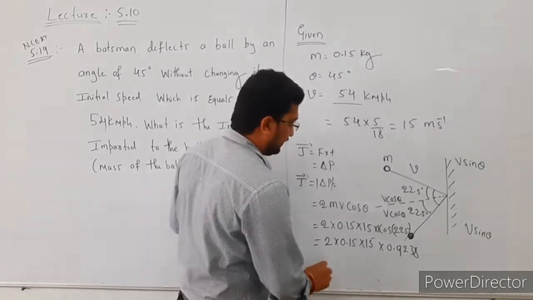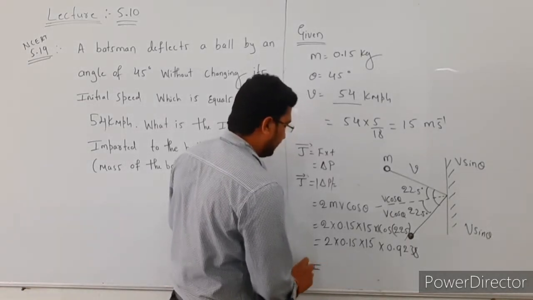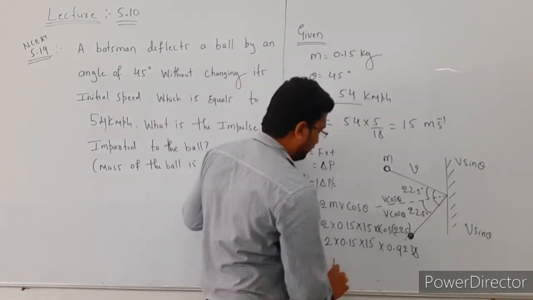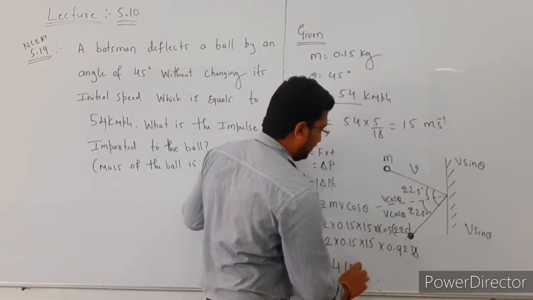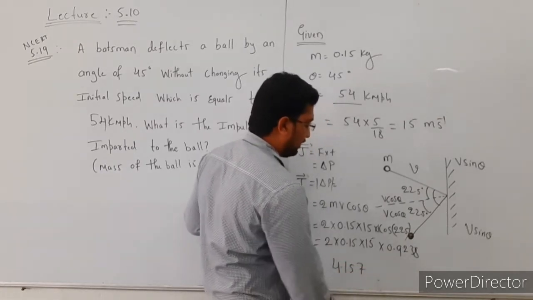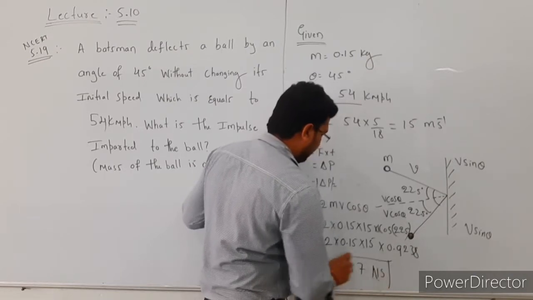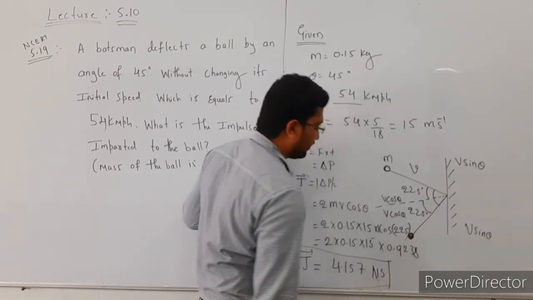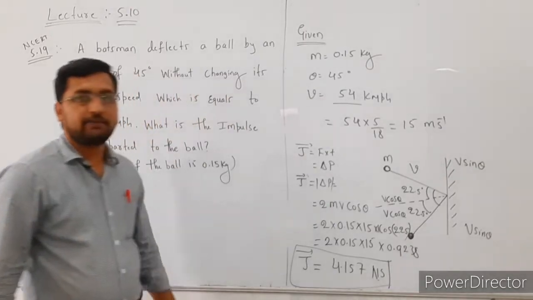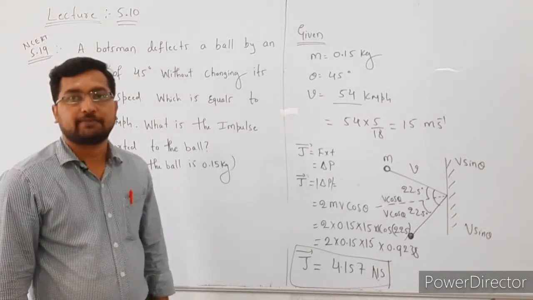Multiplying this, we get the final answer 4.157 Newton second. So this is the impulse, that is J is equal to 4.157 Newton second.